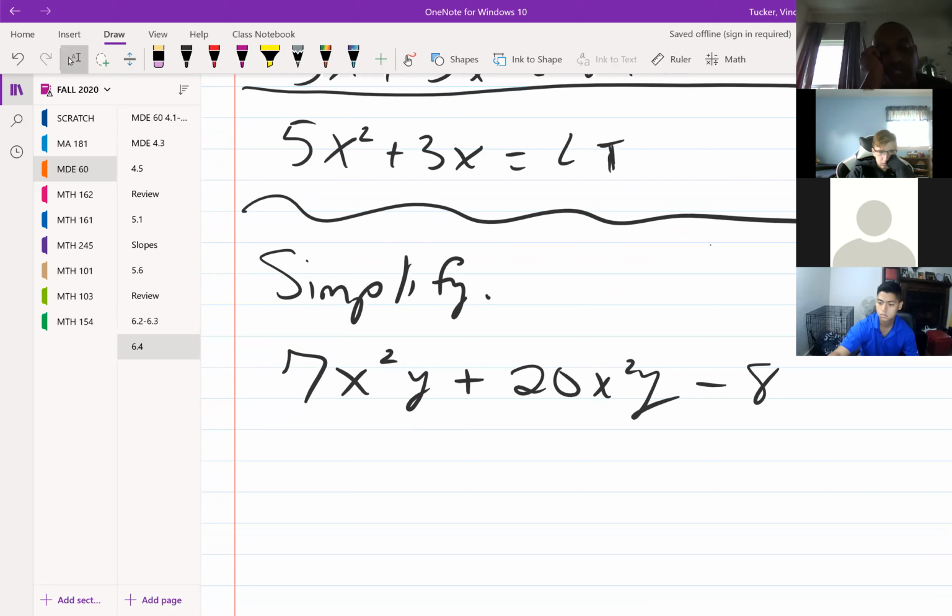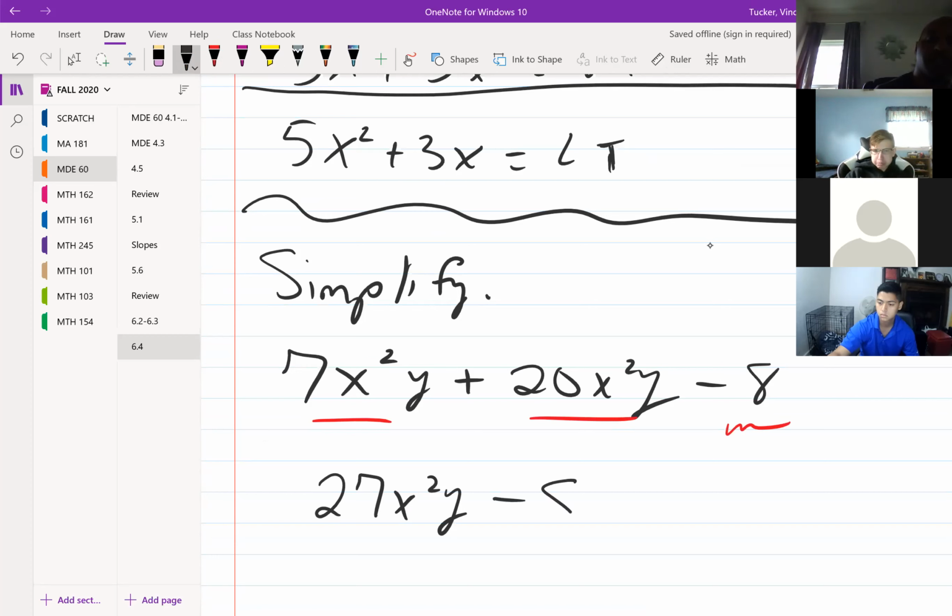Here we have 7x squared y plus 20x squared y minus 8. Just want to emphasize here, what you would do is combine your like terms. That would be 27x squared y. And if you don't have anything to combine it with, then all you would do is bring it down. So that's 27x squared y minus 8.